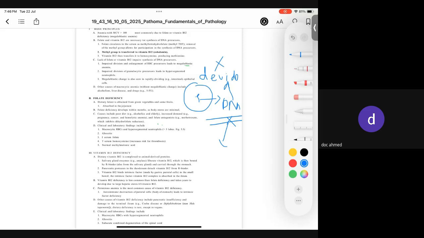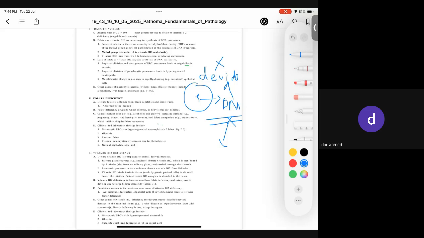The effect of less DNA or improper DNA, leading to big cells, is going to be seen in highly dividing cells. Which are highly dividing cells? Your epithelium, your mucosal cells. Their turnover is really high, so they depend on DNA activity a lot.